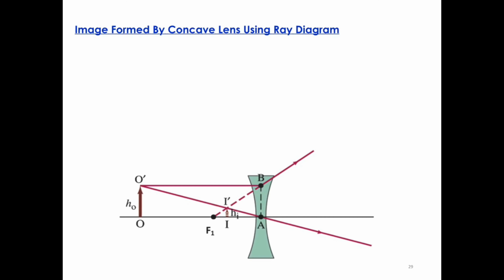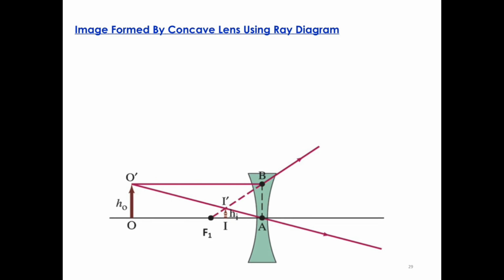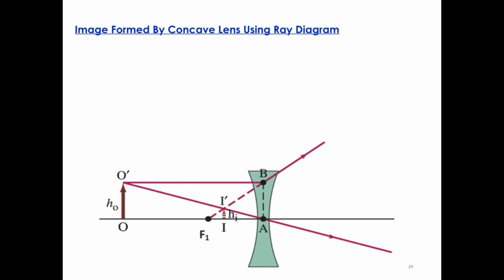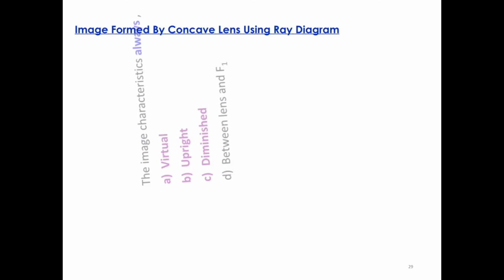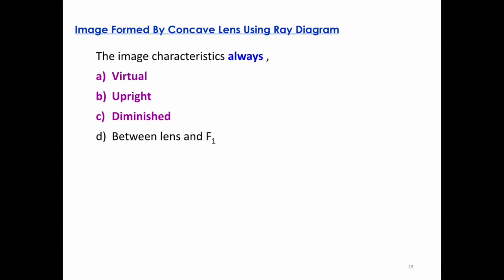For concave lens, I'm not going to sketch the ray diagram for the 5 different locations of the object, because the characteristics of the image formed for concave lens are always virtual, upright, diminished, and between the lens and f.